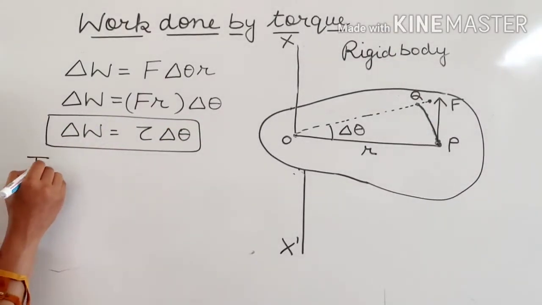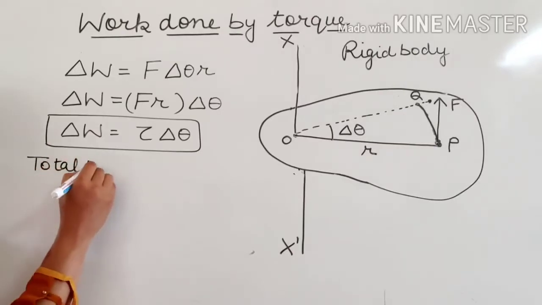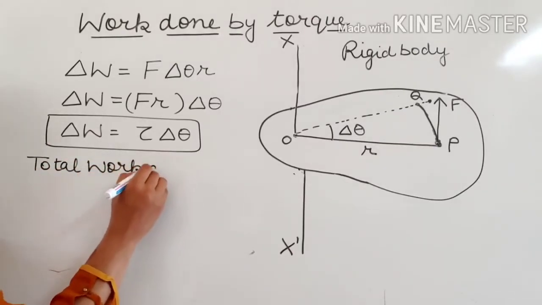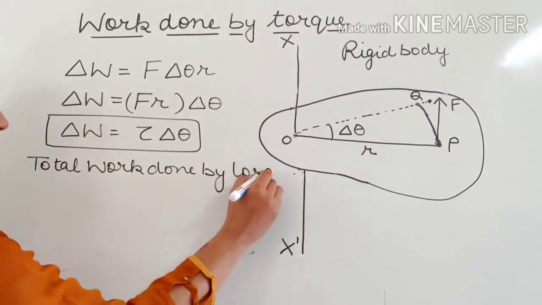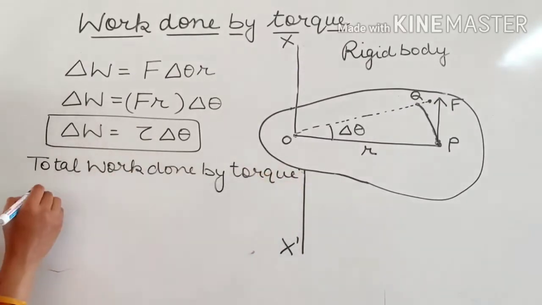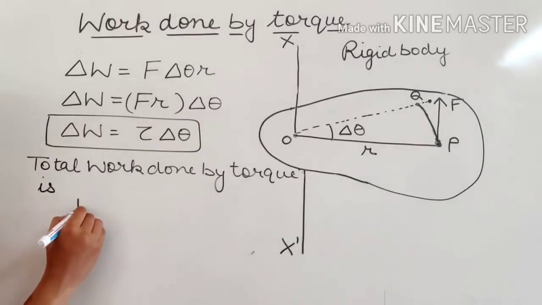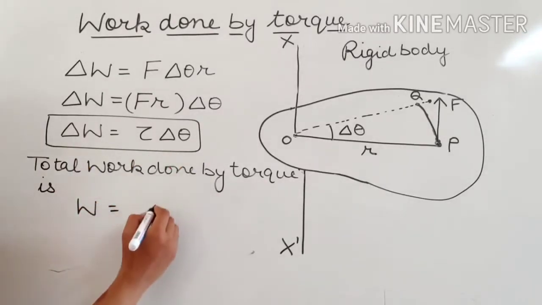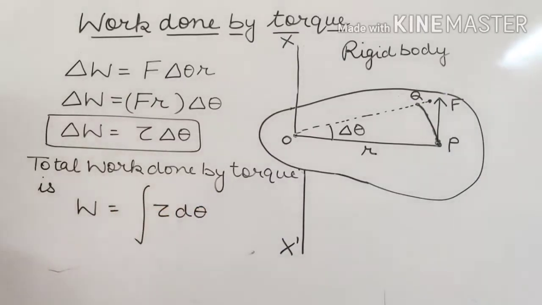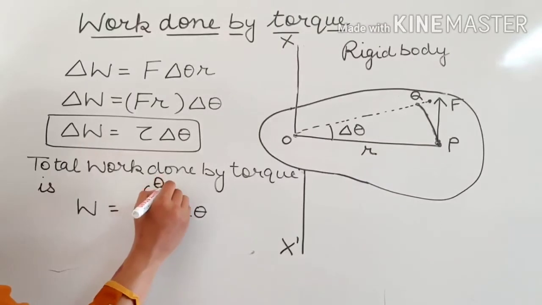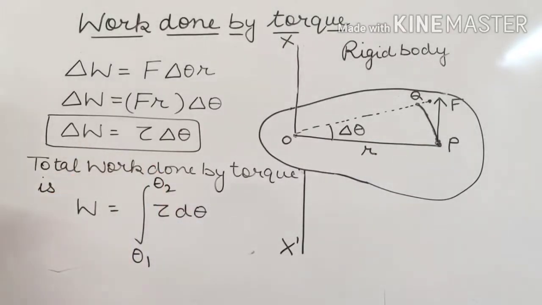Now the total work done by torque is W, that is the integral of tau d theta. That means you have to integrate this expression from theta 1 to theta 2. This is the total work done.